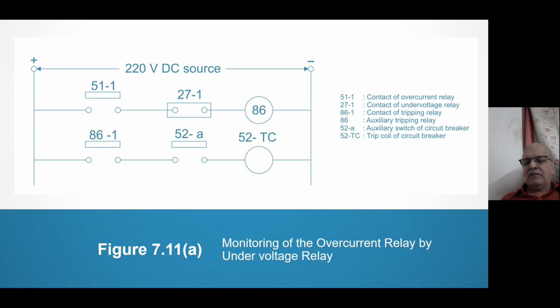Even then, the breaker will trip as desired. This is known as monitoring of the overcurrent relay by an undervoltage relay. So these two basic difficulties are there in normal IDMT relays, and they can be solved like this in the relaying world, right?